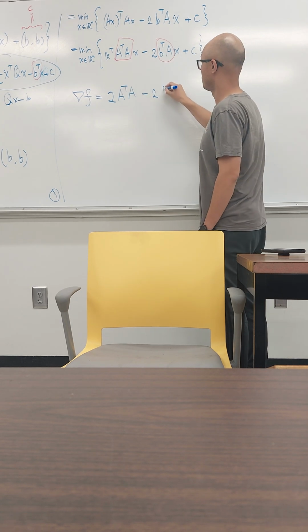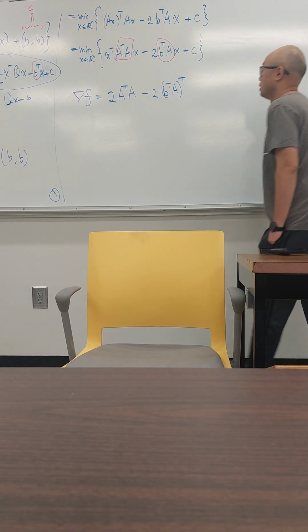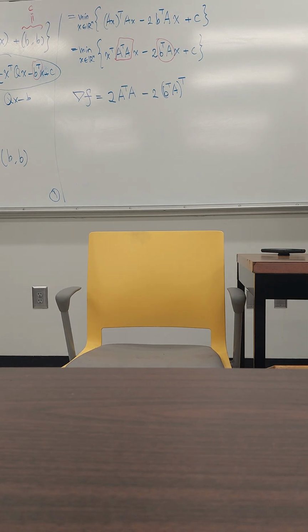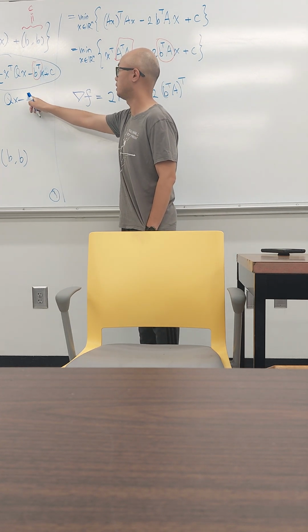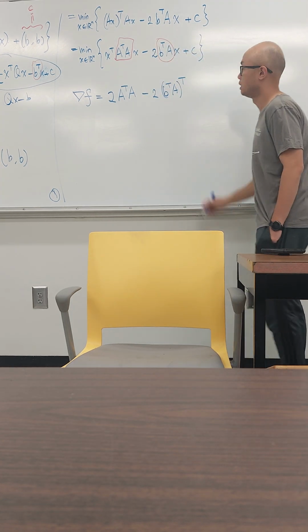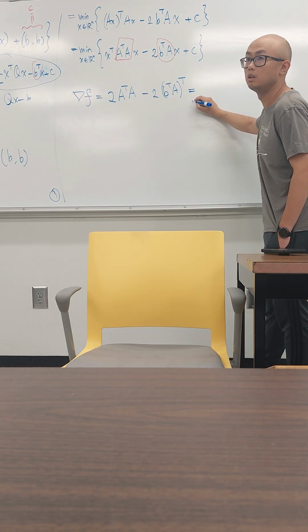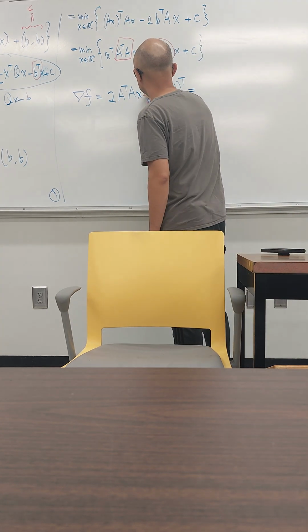Then for this we have to take the transpose. So this is B, but this is B transpose, so we take the transpose and we have this. Sorry, we have an X here, my bad.